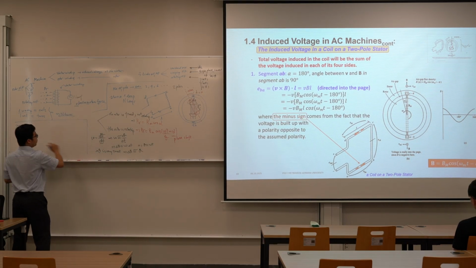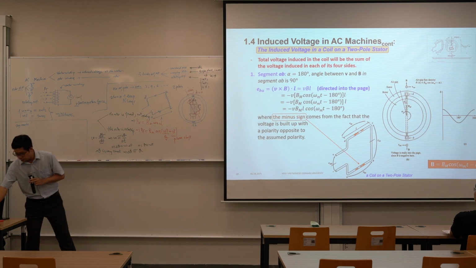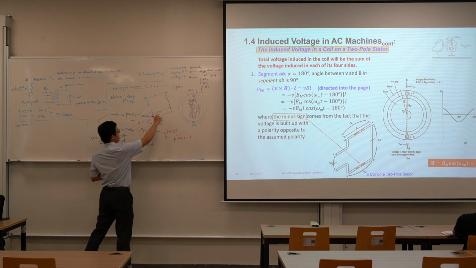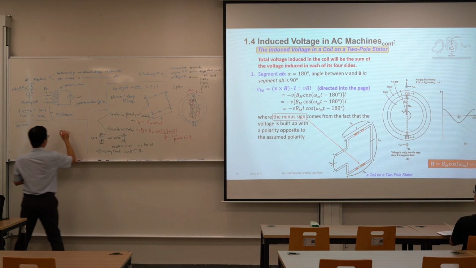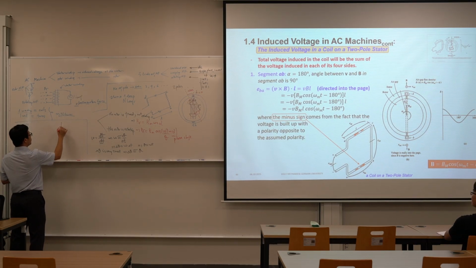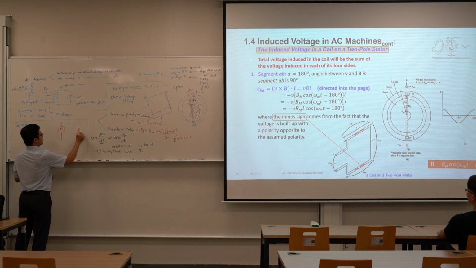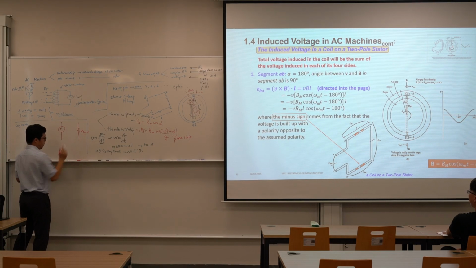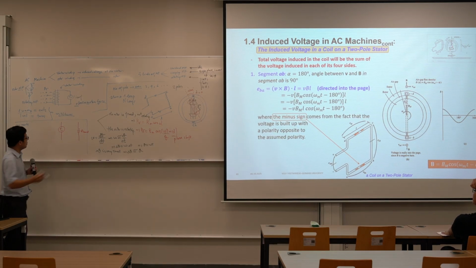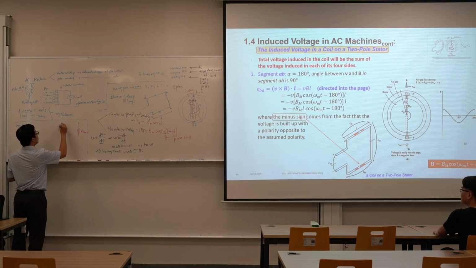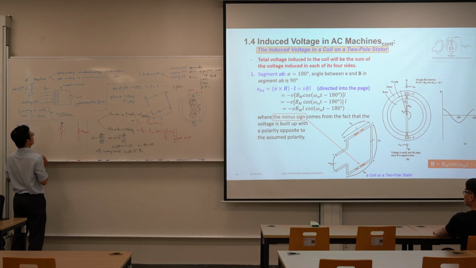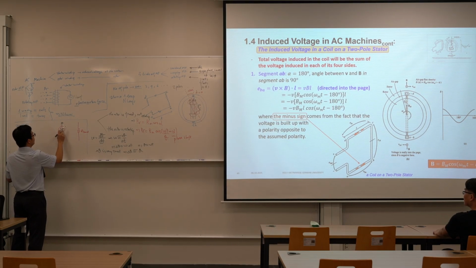If we follow the direction of the current, and we go back to the theory of electric circuits, if we have a voltage source and a resistive load, the current always flows out from the positive polarity.